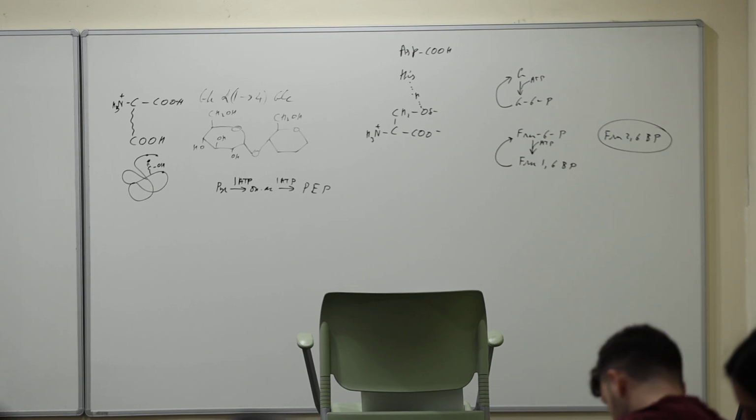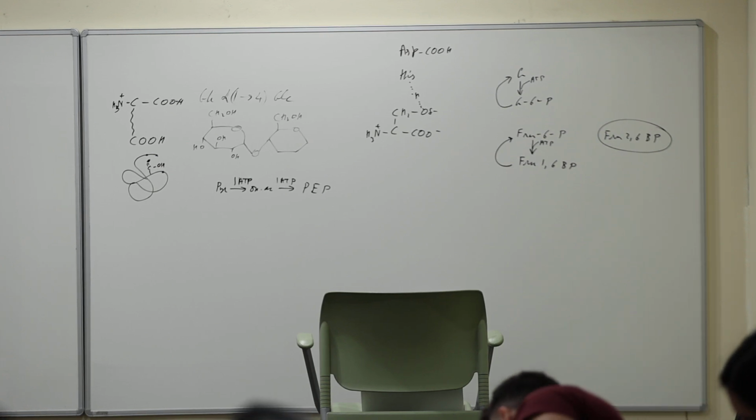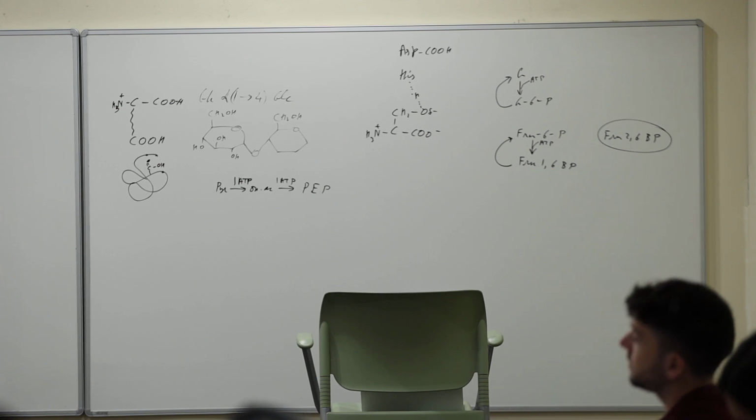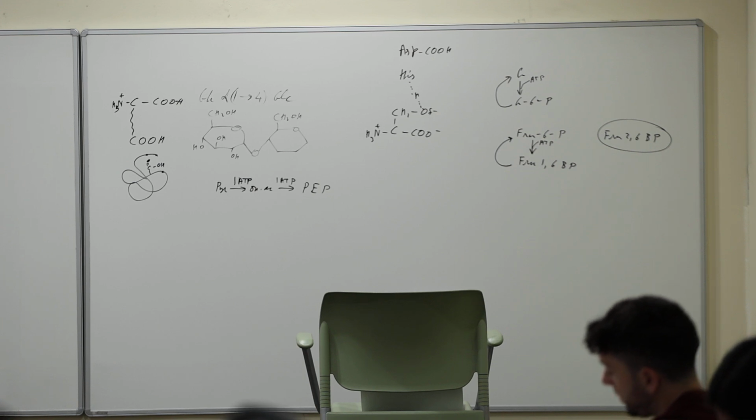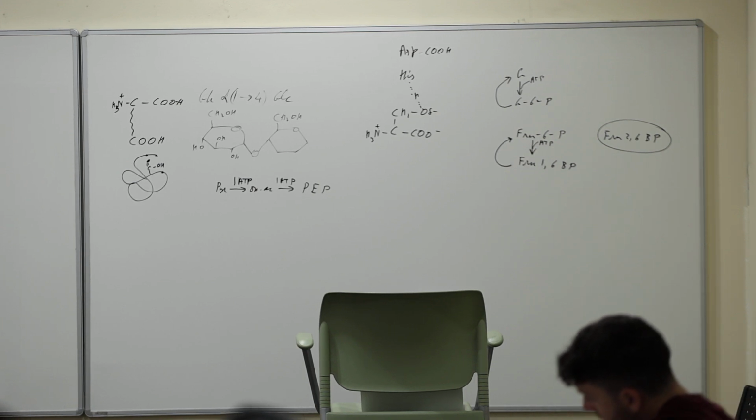You can always look at a book and see which one is activated, which one is inactivated. One of them will be activated, the other one will be inactivated, and that has nothing to do with another pathway that is also reciprocally regulated by another molecule. So the fact that one is activated, the other is inactivated, that fact you need to know for all the reciprocally regulated steps.